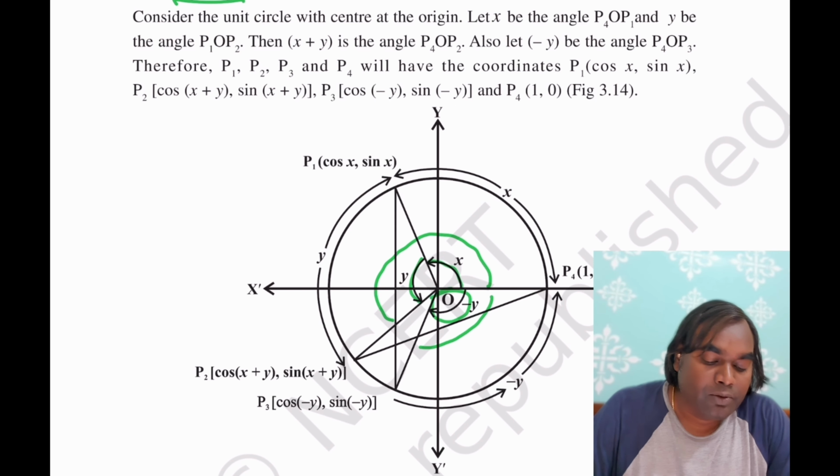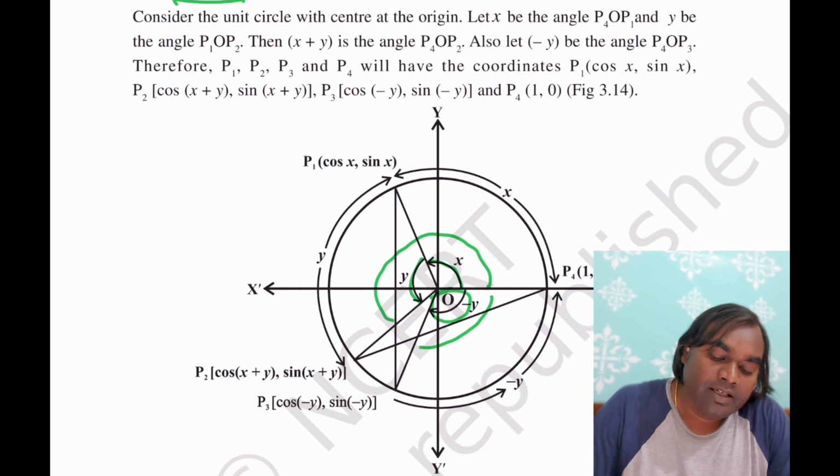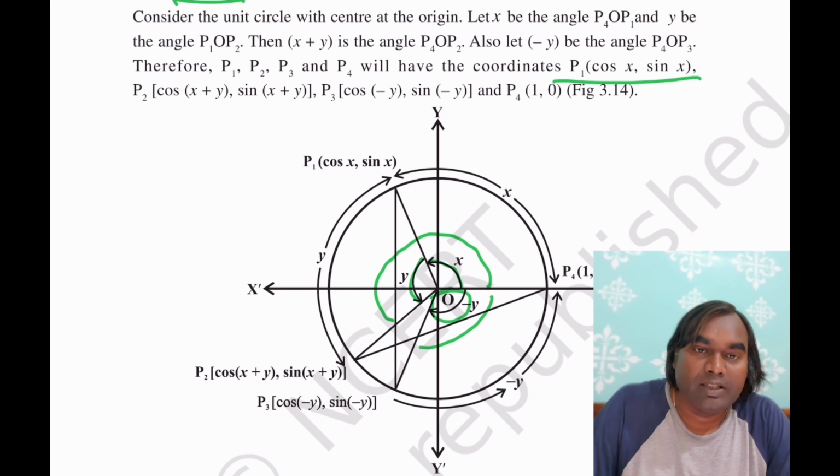Therefore P1, P2, P3 and P4 will have the coordinates: P1 is (cos x, sin x), P2 is (cos(x plus y), sin(x plus y)), P3 is (cos(minus y), sin(minus y)) and P4 is (1, 0).